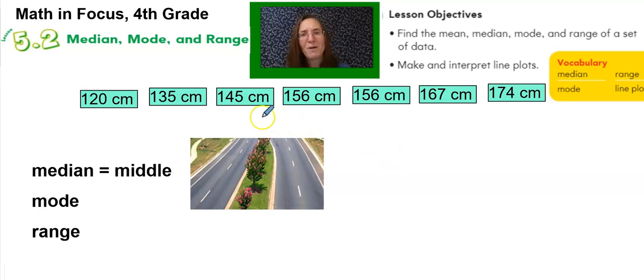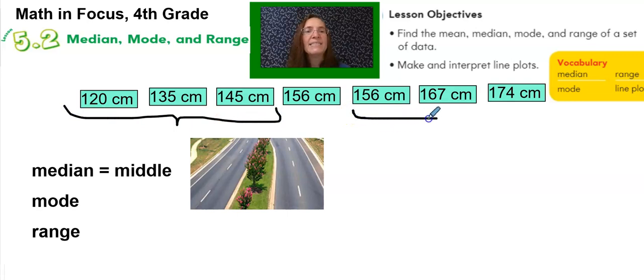I'm going to go with the smaller one. These 3 are on this side, these 3 are on the last side, and the one in the middle right here is 156 centimeters. And so we can say that the median data point for this data set is 156 centimeters.